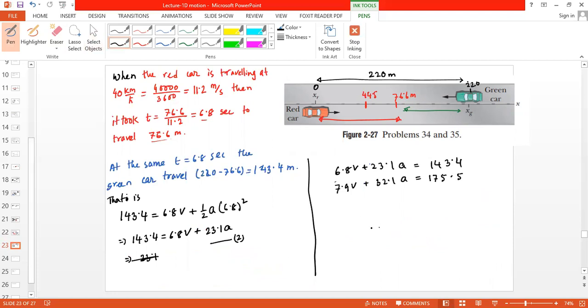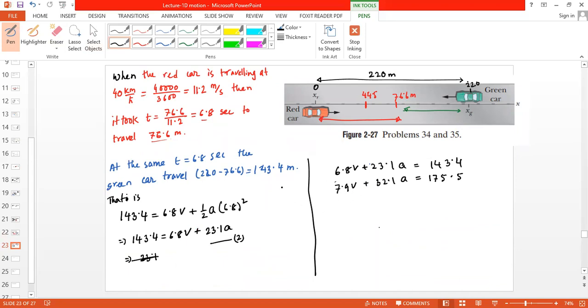So you see here, I get two equations and two unknowns. So it is very easy to solve this math, right? Can you solve it for me, please? Or you want me to solve it?